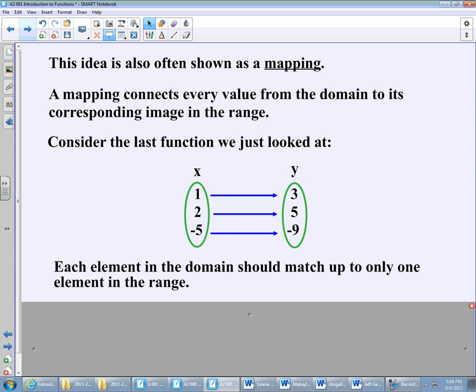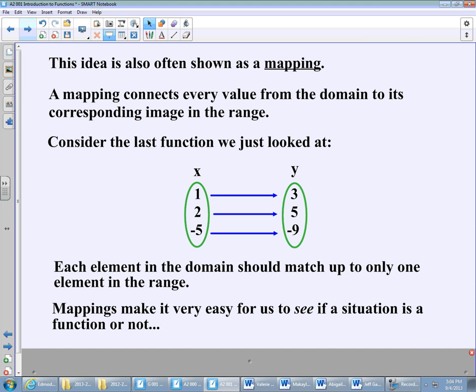That is still part of the definition for a function. Each domain only gets one range. As a result, mappings make it very, very easy for us to determine if we have a function or not, especially if there's a bunch of points, a lot of plots.